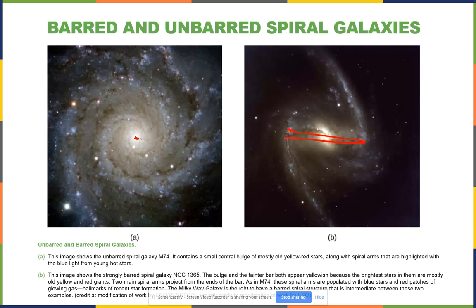So these are spiral galaxies. Notice another difference here. This here is not very tightly wound. This one here is more tightly wound. And so we have differences in galaxies and how tightly wound they are.